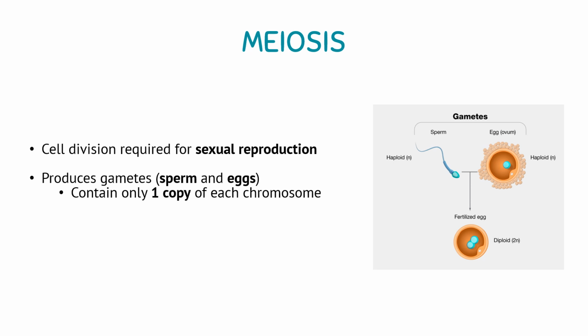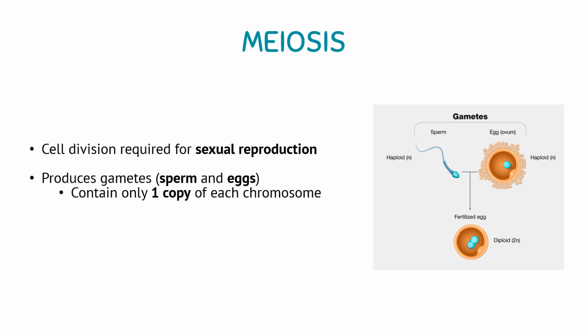So as I said before, meiosis is a type of cell division that's required for sexual reproduction. So it produces gametes, and that's sperm and eggs in humans. It only contains 1 copy of each chromosome.